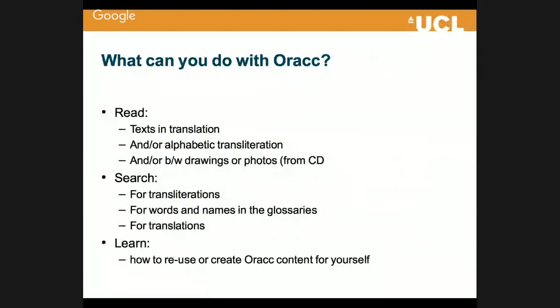As a user, whether cuneiform literate or not, like one of my first-year undergraduates, I teach in a history department, and most of my students are just general purpose historians. But I use Auric a lot for teaching, because in Auric we can read text either in modern translation, or in the alphabetic transliteration of the ancient text, or both side by side, or we can access black and white drawings or photographs from CDLI, the Cuneiform Digital Library Initiative, which runs out of UCLA.